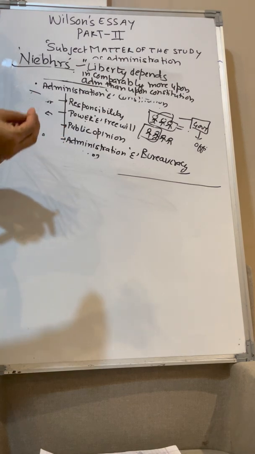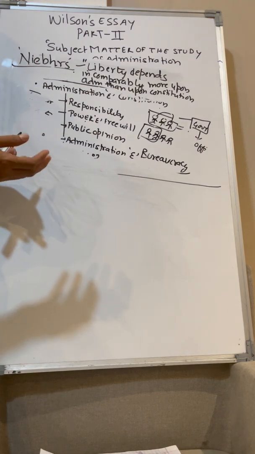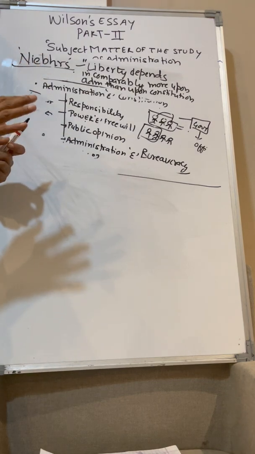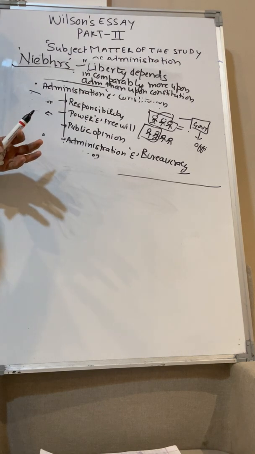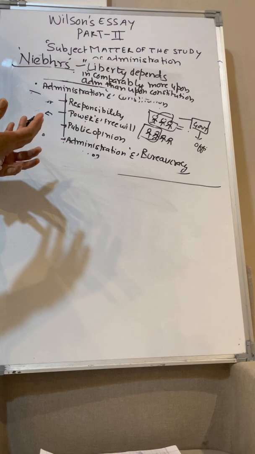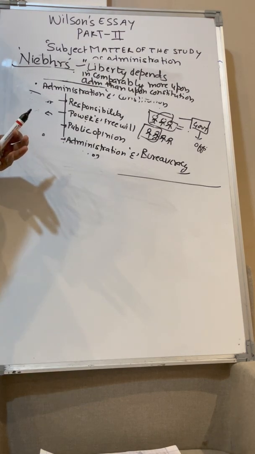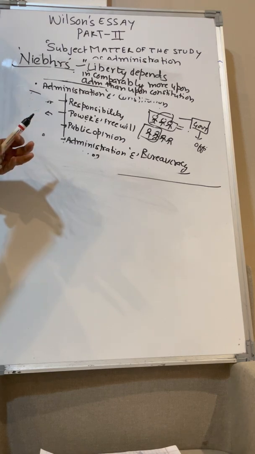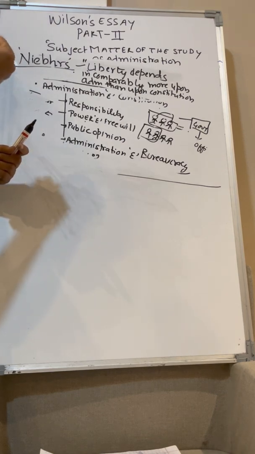So if this kind of discretion or this kind of freedom is being given to the citizen, it will not be a freedom in the true sense. Okay, because if the teacher changes, people will not have that freedom. If you want the freedom in the real sense, it should be given through the constitution.